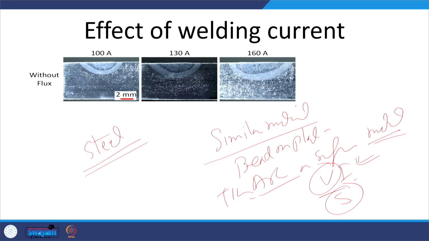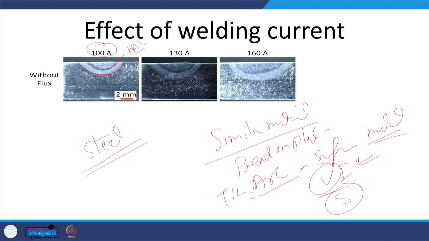This is an example of a steel plate, say of 8 thickness. When an arc is passed through the surface using 100 ampere current, this is the weld pool. When the heat is supplied, part of the heat is also dissipated to the underlying base metal, and that produces the heat affected zone.